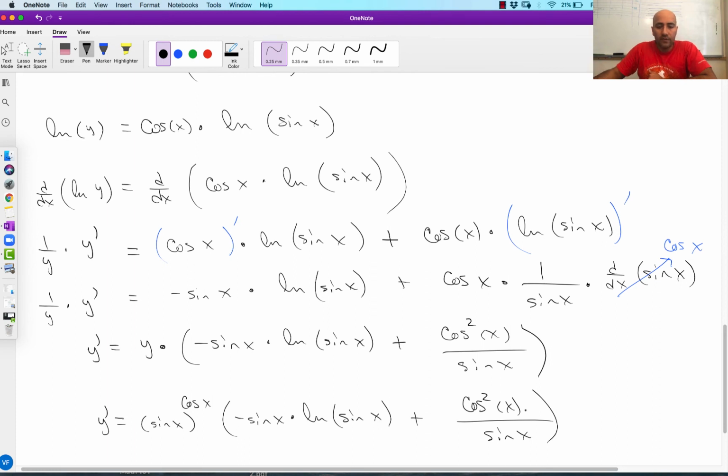I don't believe that there's much value in trying to simplify this any further. I think that's about as good as it gets, so I would just stop there.